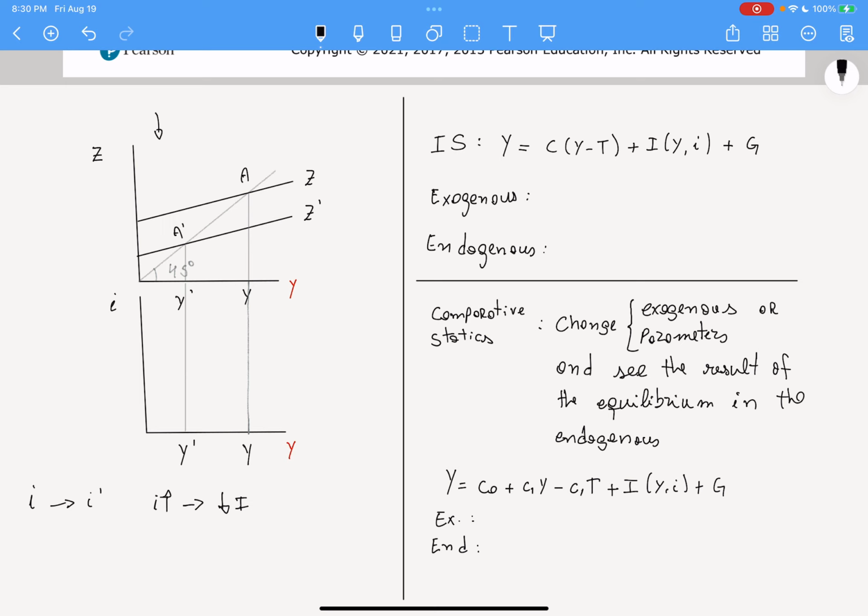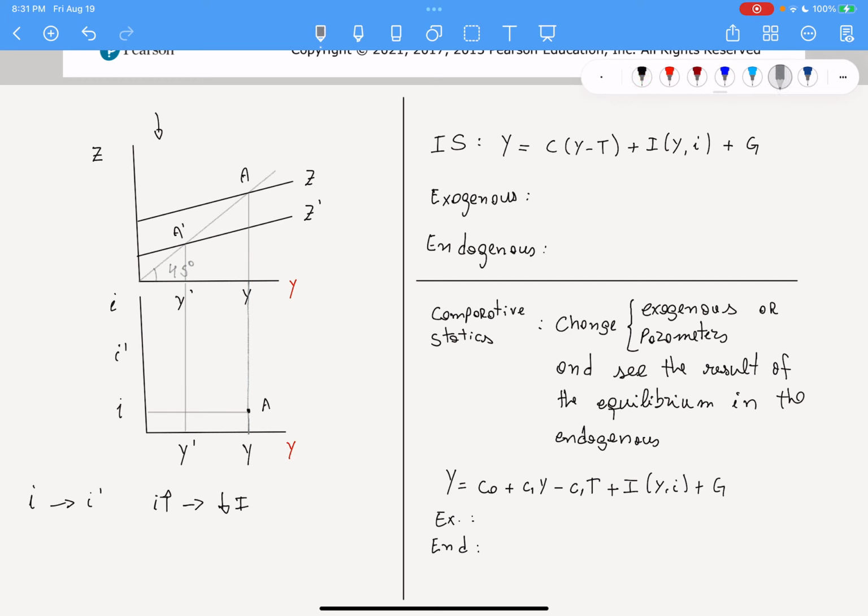What happens in A? In A, we have one specific level of the interest rate. Let's say that this level gives us this point here, which is the interest rate I. Why do we have a new equilibrium? This new equilibrium comes from the increase in the interest rate. So let's say that the interest rate I prime is here.